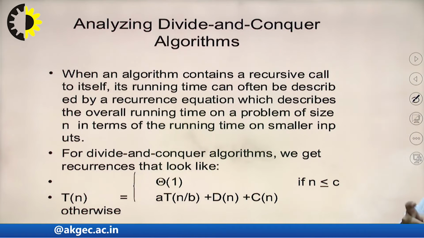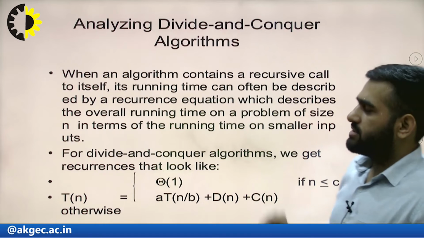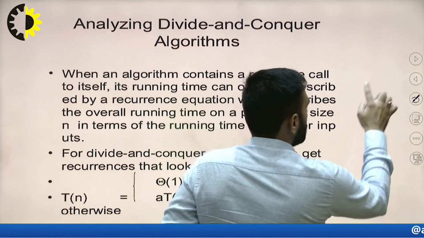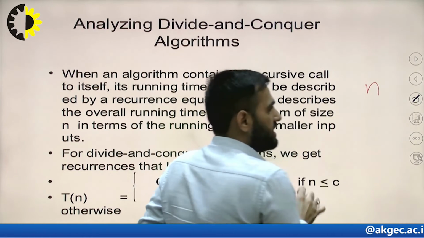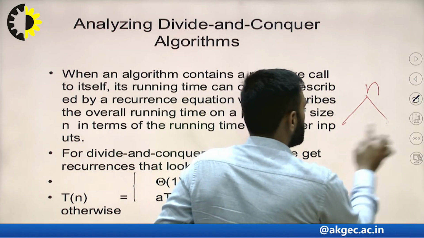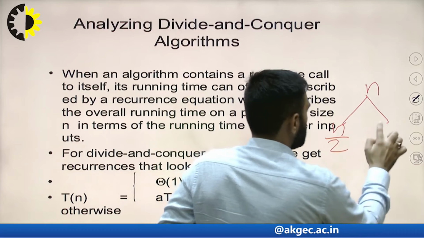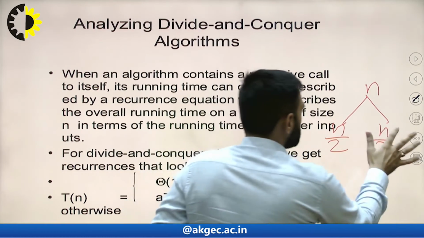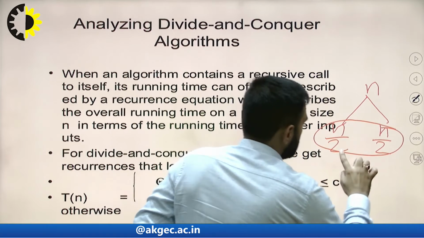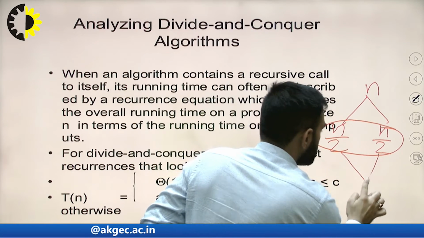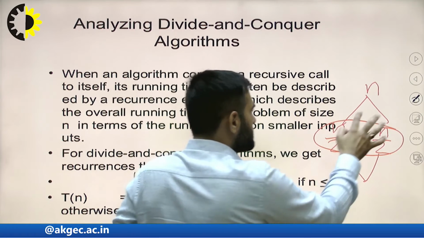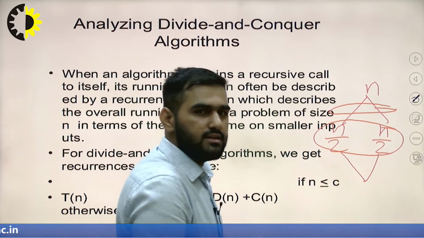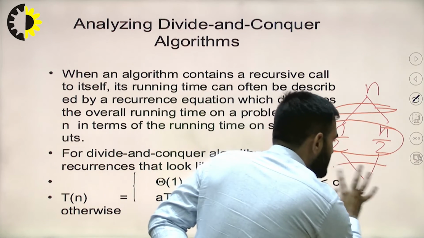Now we will analyze the divide and conquer algorithm. See, the problem is n, and we are dividing it into 2 parts, n by 2 and n by 2. Suppose this is a small problem, n by 2. Next, we will combine this part. So here this is the divide time, and this is the combine time.